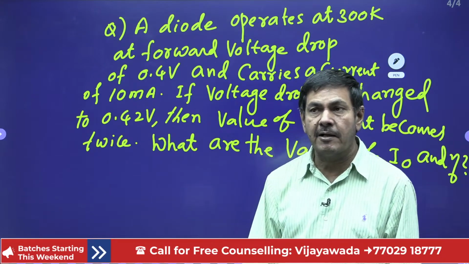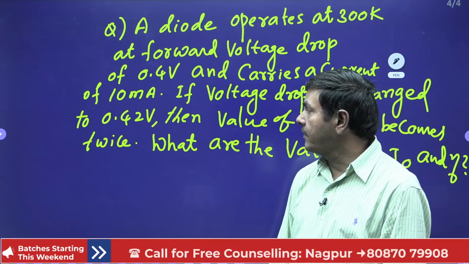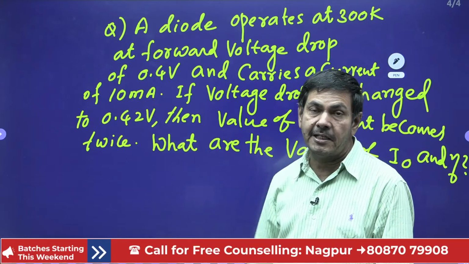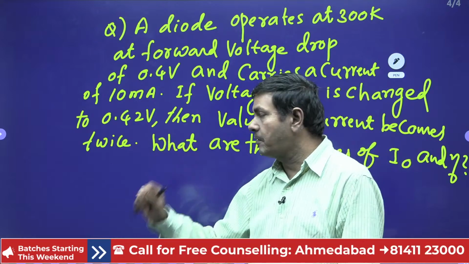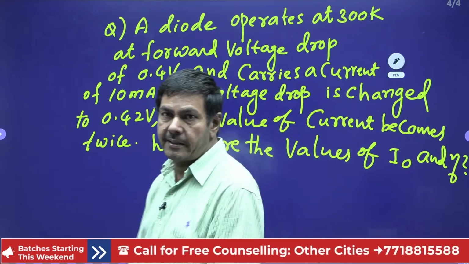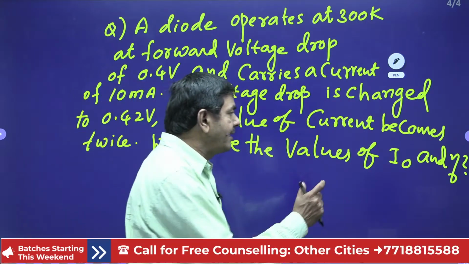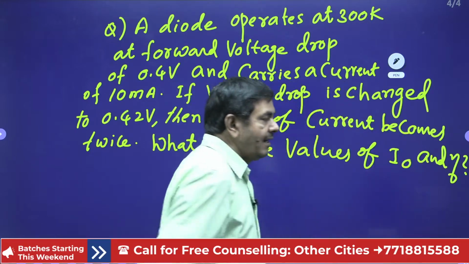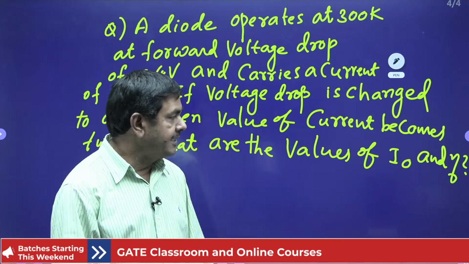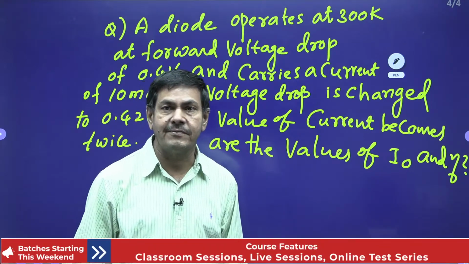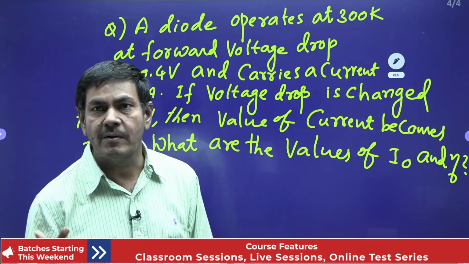Twice means the diode current in the first case is 10 milliamperes, and in the second case it is 20 milliamperes. He is asking to find the values of I naught and eta. I naught is the reverse saturation current, and eta is the ideality factor. These two values are required.